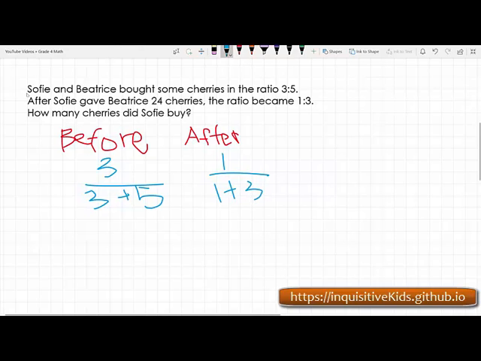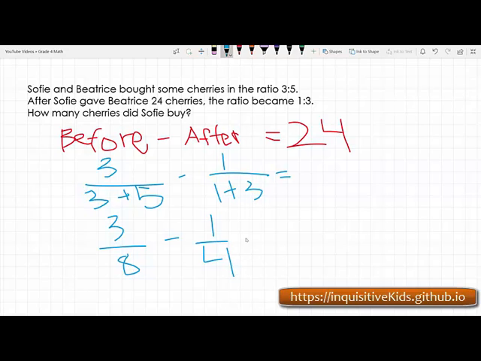And since we know from the word problem that Sofie gave away 24 cherries, it means that Sofie's before fraction minus Sofie's after fraction equals 24 cherries, which means this fraction minus this fraction equals the fraction that represents 24 cherries, which gives us 3/8 minus 1/4 equals 1/8.